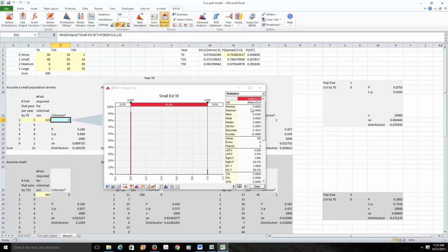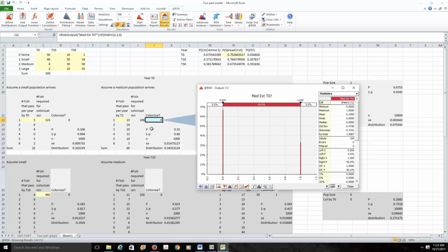So we did 100. You'll notice over here that the minimum value obtained was a 0, the maximum was a 1, as expected. And the mean, if you add up all 100 numbers and divide by 100, we had a 0.07. So this is basically saying we got 7 instances of colonization. So the probability of colonization given a small population arrives is 0.07 based on this brief simulation.